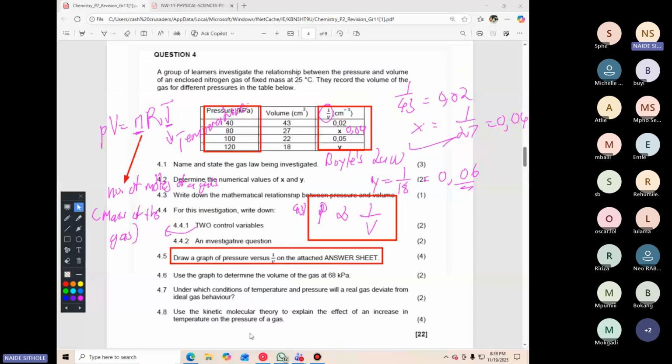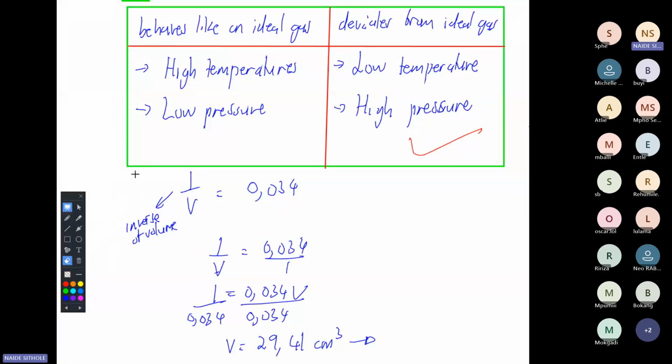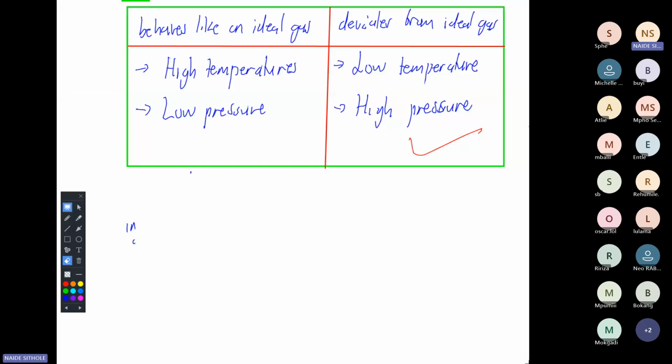Then use the kinetic molecular theory, KMT, to explain the effect of an increase in temperature on the pressure of a gas. How does an increase in temperature affect the pressure of a gas?